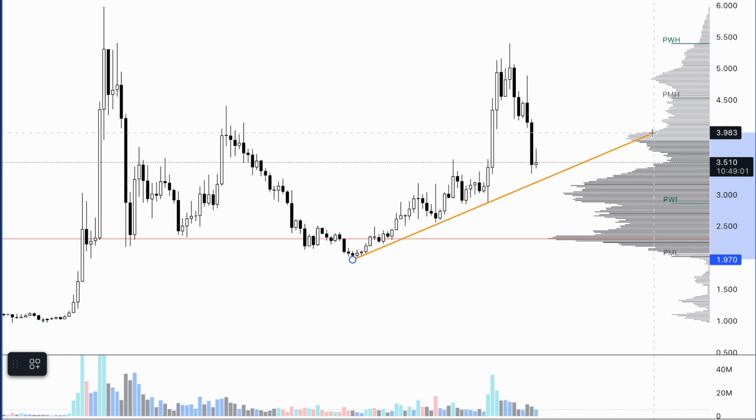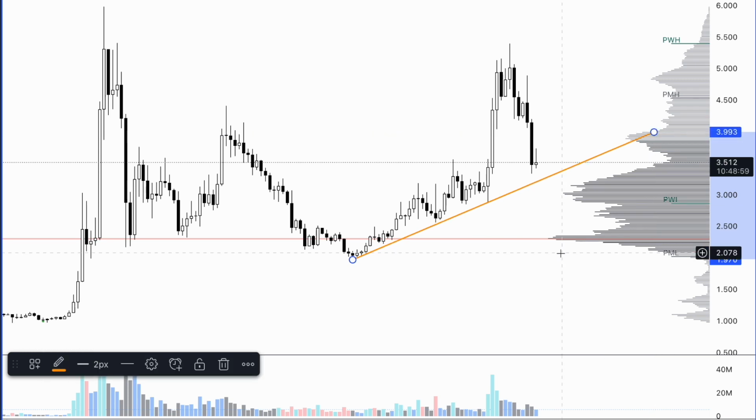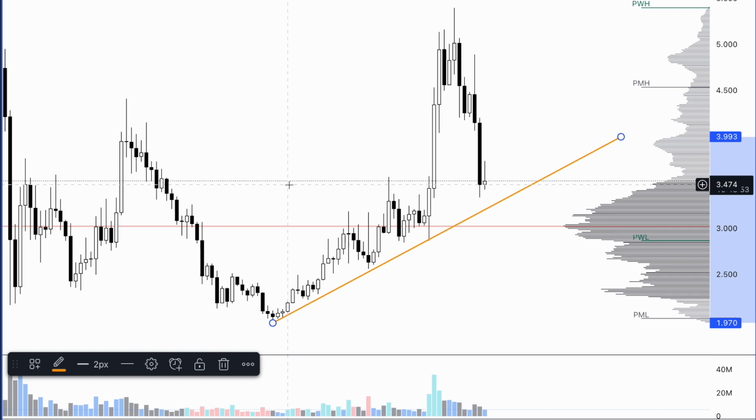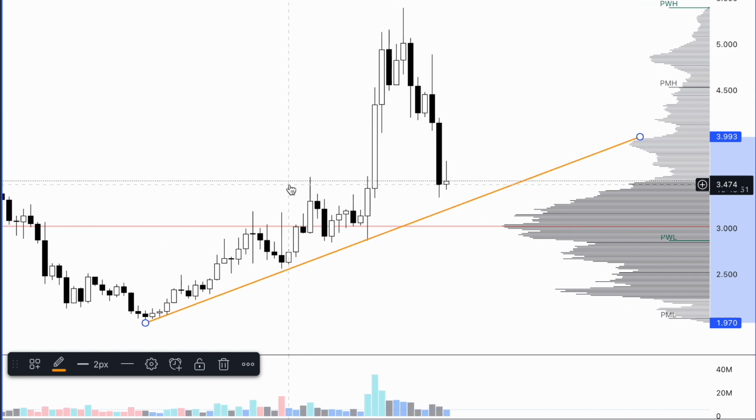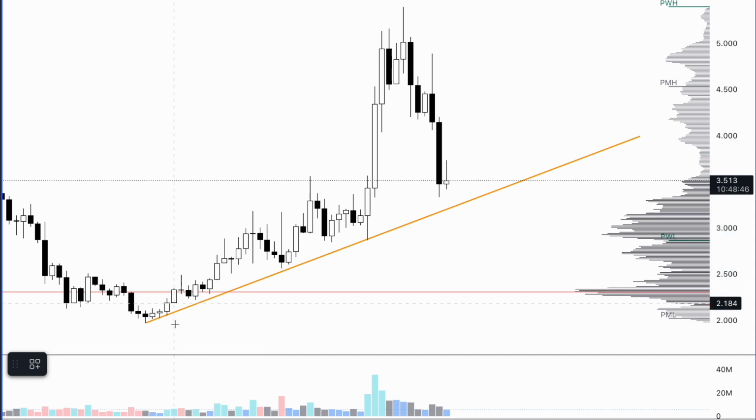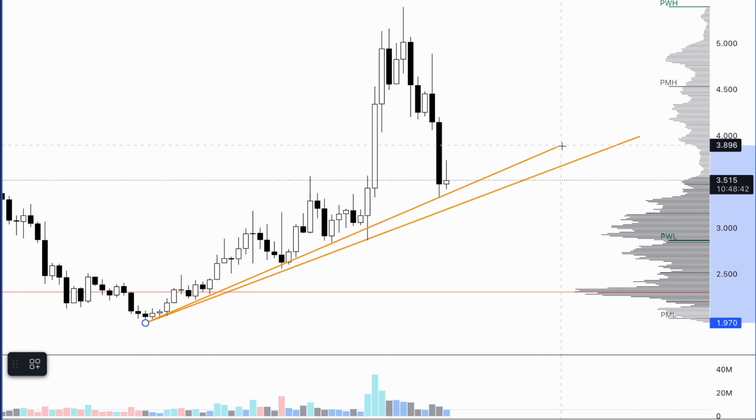So what I do is I go and look at the chart. I start with a daily, and I'm not really sure how he drew this trend line, because I'm not really sure how I want to draw it. I probably should have thought about this before I started recording.